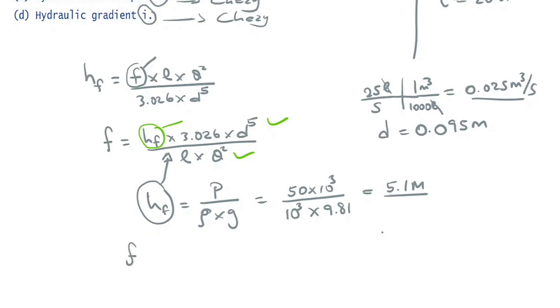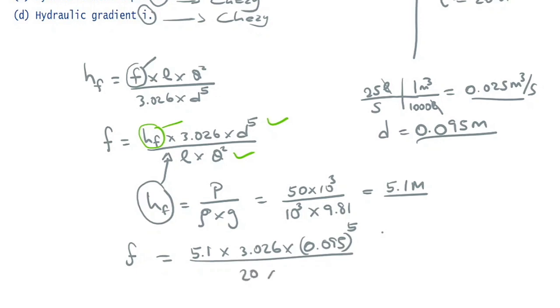The coefficient of the friction is 5.1 times 3.026 times the diameter, 0.095 to the power 5, all divided by the length, which is 20 meter, times the flow rate we converted here, 0.025 squared.